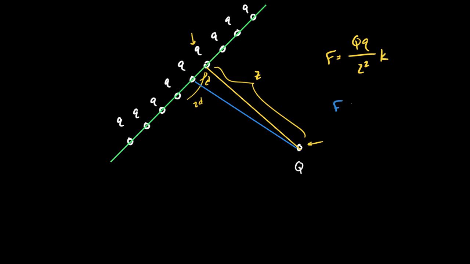I think you could probably agree that with just a little bit of foresight, I could figure out what that force would be. Right? I would need to know the distance or the length of the blue line, and I could use the Pythagorean theorem to do so. Does that make sense? Still following?